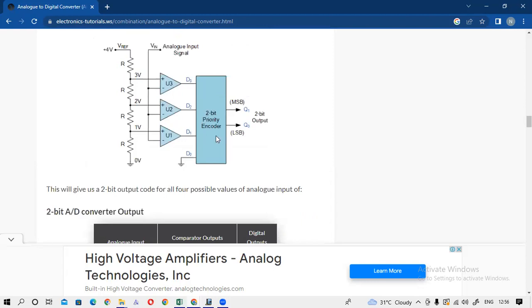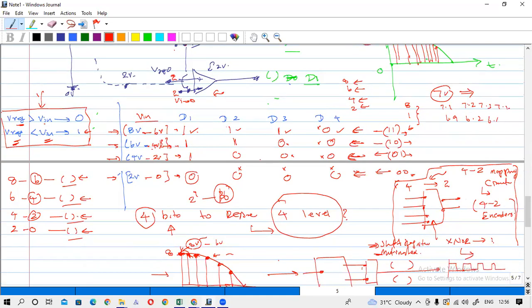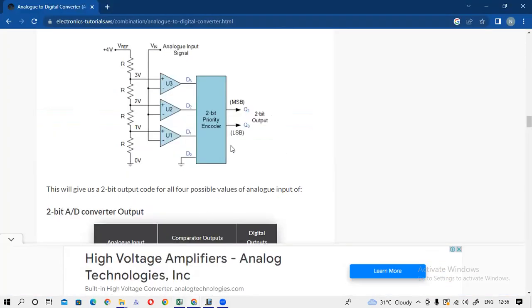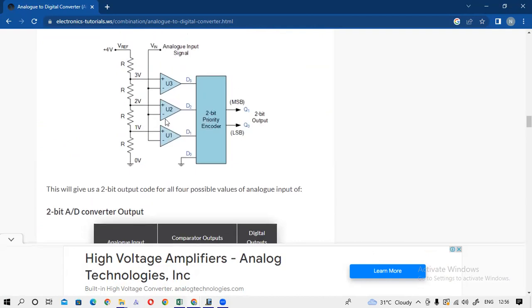You can try to understand this one also. But I think this is very clear: if you use 4 comparators and consider it like this, it is somewhat easier to understand. But maybe this approach may have some confusion.